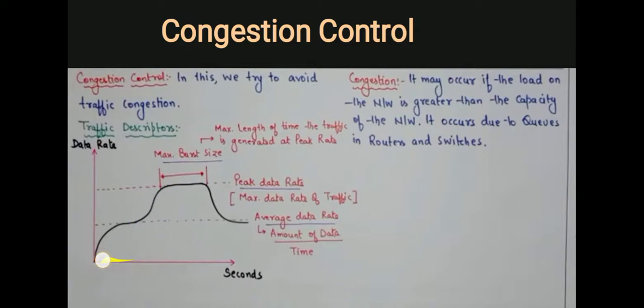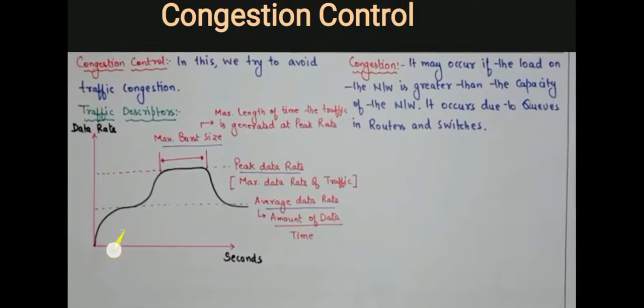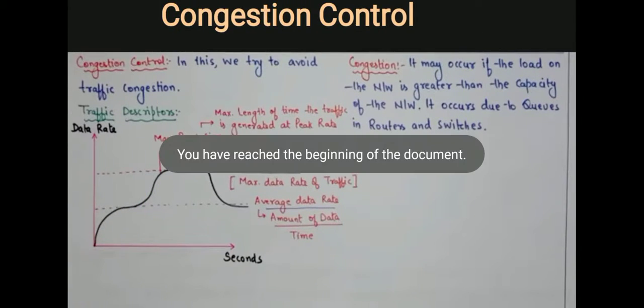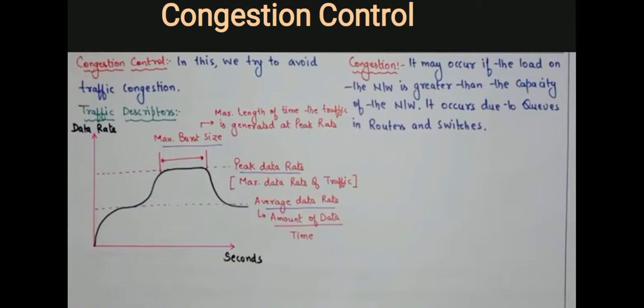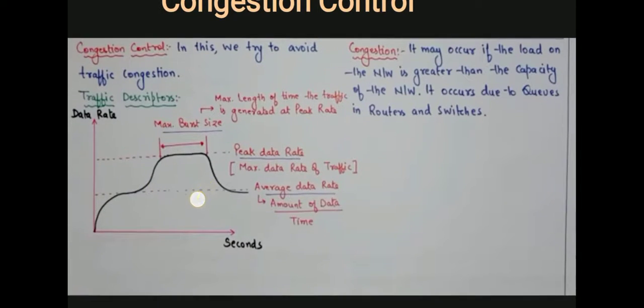This is the time duration, and this one is the packet duration. Here you can see the graph moving exponentially up, reaching a maximum peak, and then exponentially decreasing.